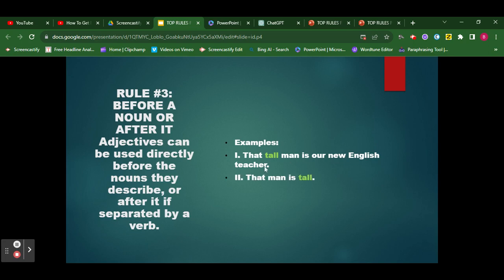Then the second example, that man is tall. Now, the adjective is tall and it is used to describe man, but instead of coming before the noun it describes, it comes after it because it is separated by the verb is. That man is tall. Okay?